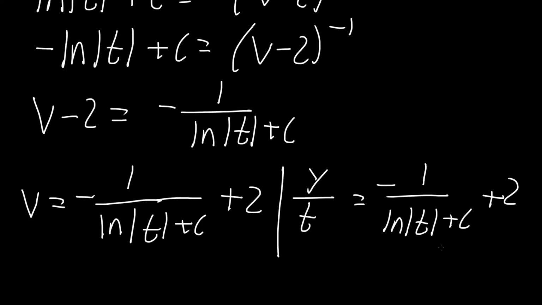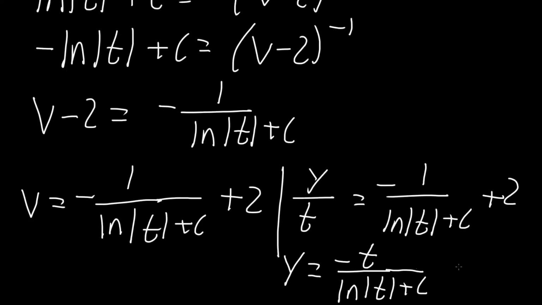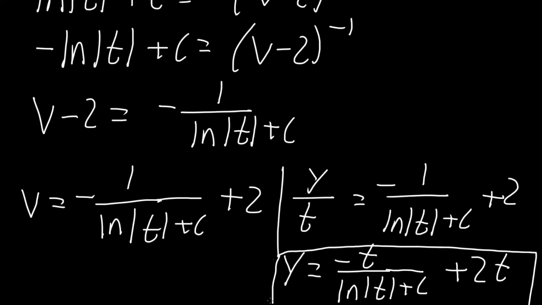And so our final answer we could say is y is equal to negative t divided by ln absolute value of t plus c, plus 2t. And we will box this answer in. And that's all we need to do for this problem.